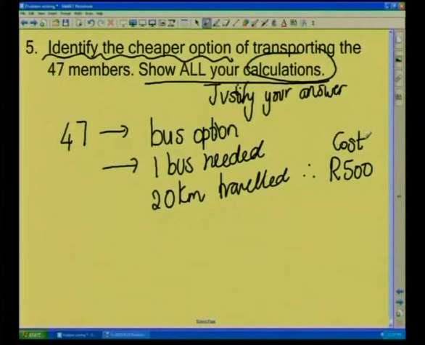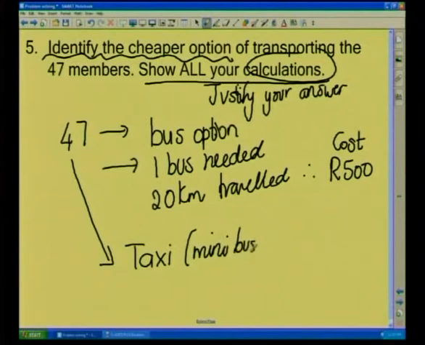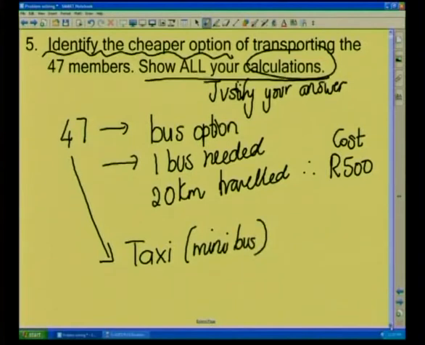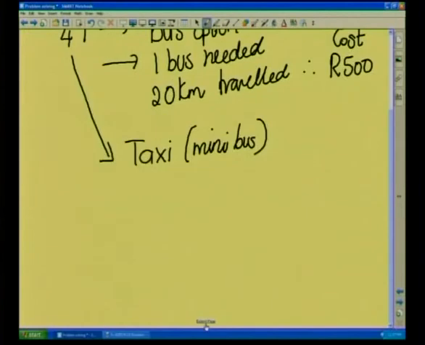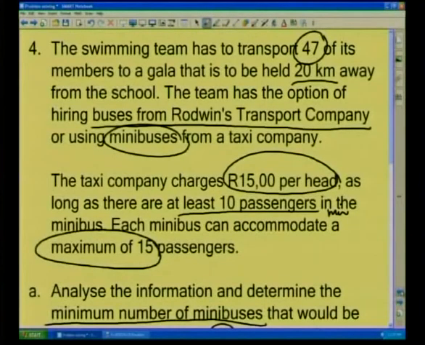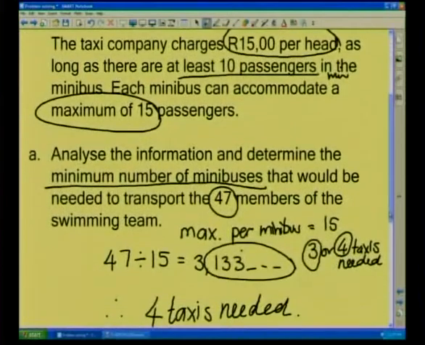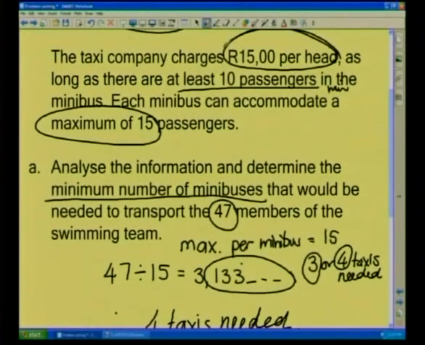For the taxi option, or minibus, we would need 4 taxis, but it didn't really matter how many taxis we had as long as there were more than 10 in each taxi, and it was 15 Rand per person.